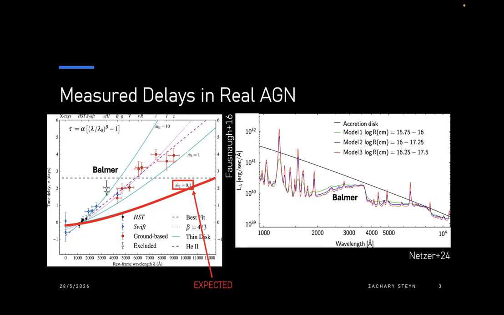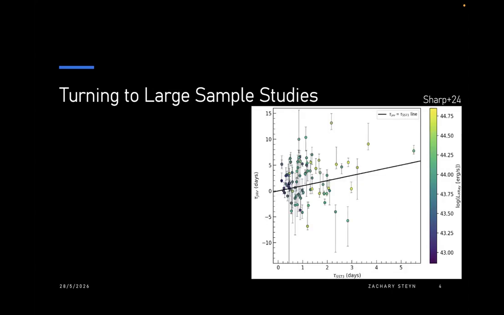You can qualitatively see that signature in the Balmer series and the Paschen series, but how much these signatures are present in the lag spectra is by no means universal and differs from object to object. So one of the things you can turn to is looking at large sample studies instead.